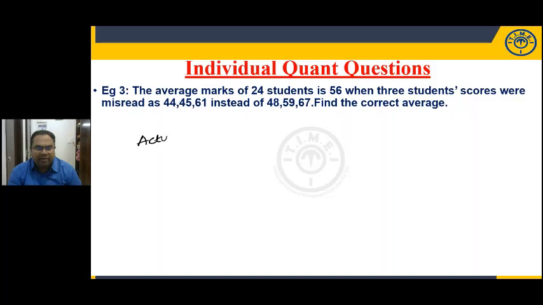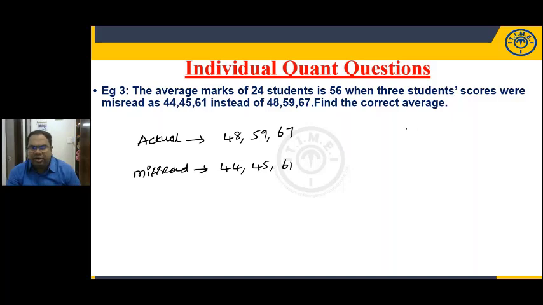Actually, you have to take 48, 59, 67. By mistake, they are misread as 44, 45, 61. When I'm taking those three wrong numbers and calculating for 24 students, the average is coming around 56.